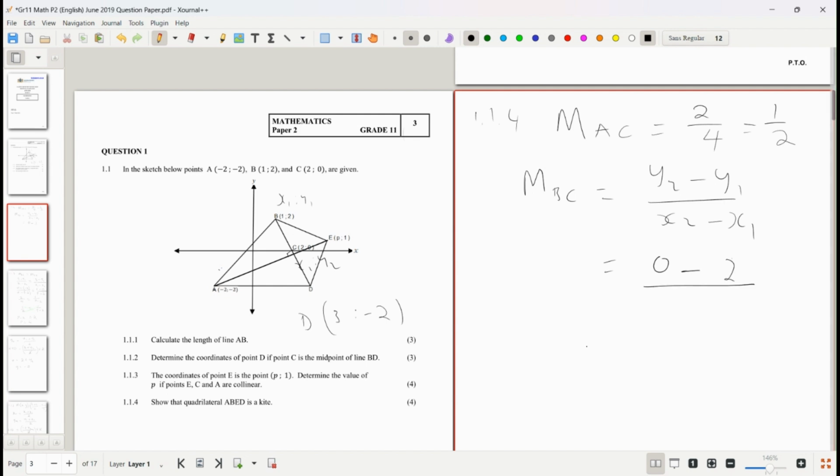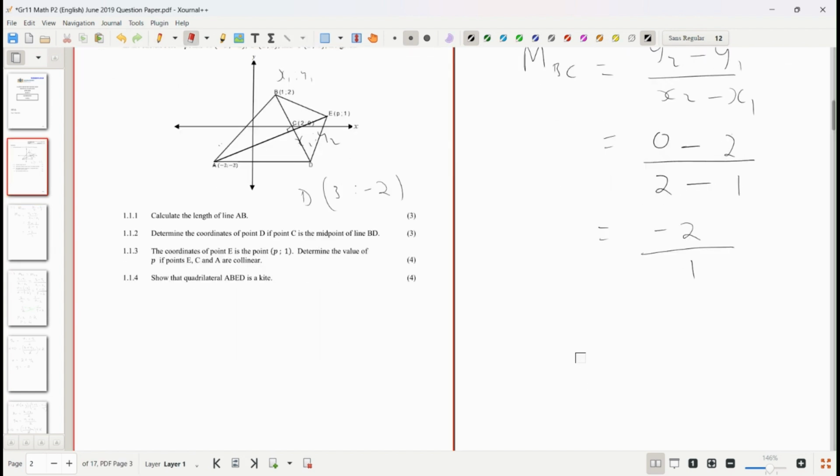Sorry, our x2 is 2, and our x1 is 1. So 0 minus 2 is negative 2, and 2 minus 1 is 1. So the gradient here will equal negative 2.